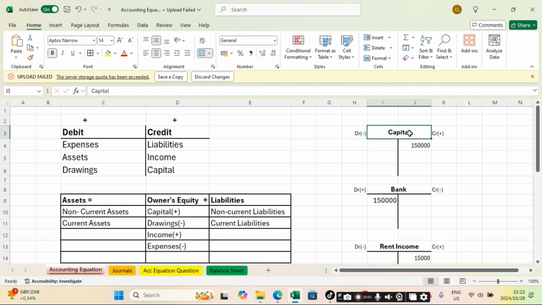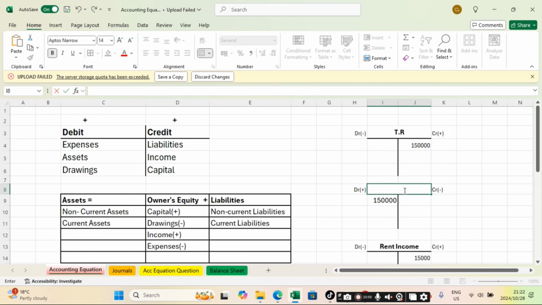Okay, so this video is getting too long. Credit losses. Okay, so trade receivable. Is it an asset, owner's equity, or liabilities?